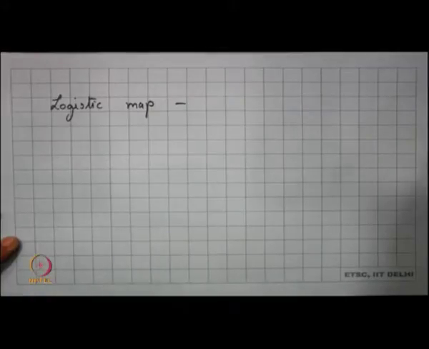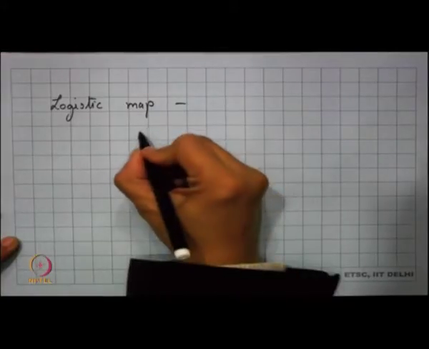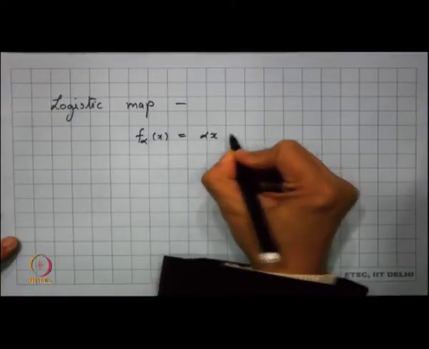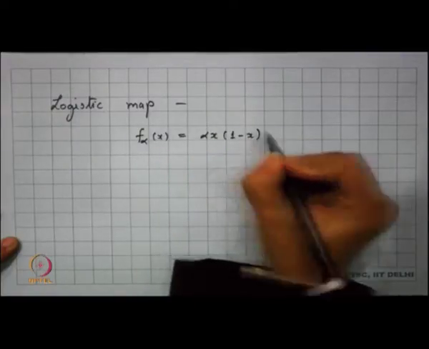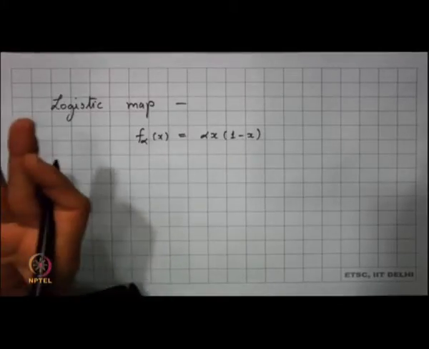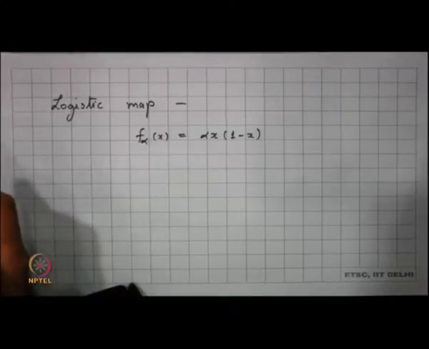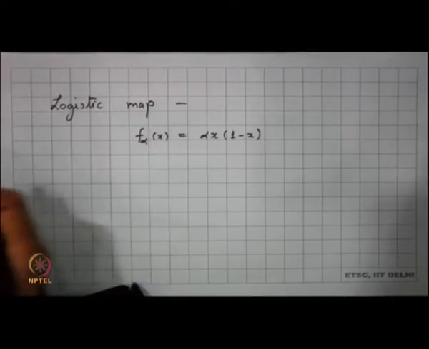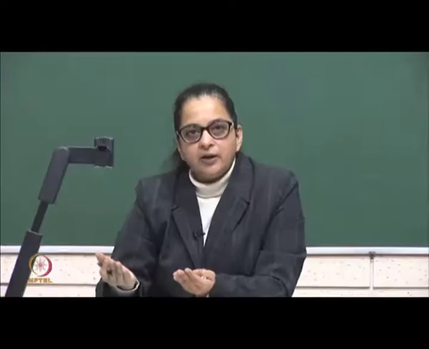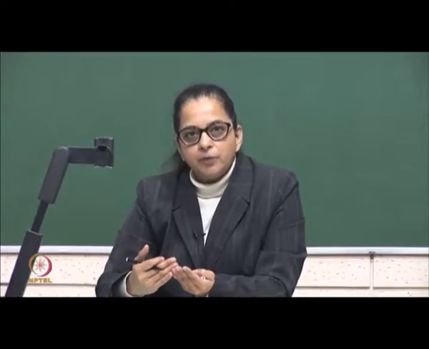So, once I fix the constant of proportion alpha, I find this map to be f alpha of x is alpha x times 1 minus x. Now, we are trying to study population, and we can't study population if there is no species. So we are normalizing it: the maximum possible population is 1 and the minimum possible population is 0.